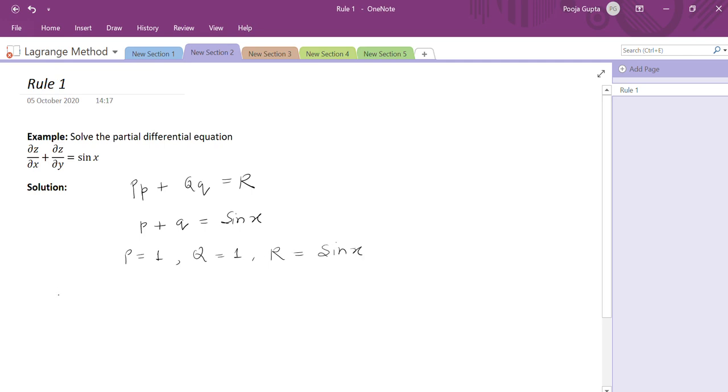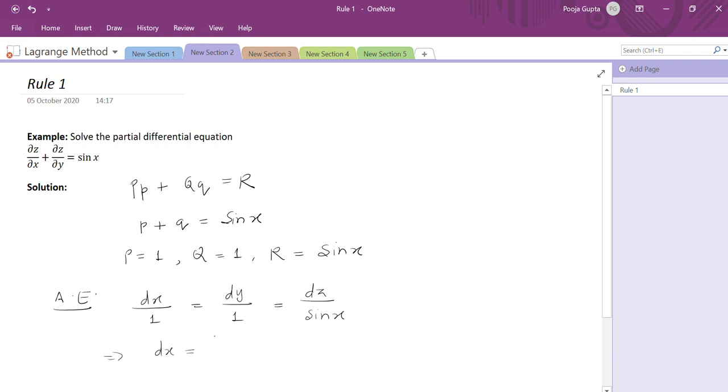Now we have to write the auxiliary equation, that is dx upon capital P, that is 1, is equal to dy upon capital Q, that is also 1, is equal to dz upon capital R, that is sin x. Now we have to solve this. First we consider the first two fractions.